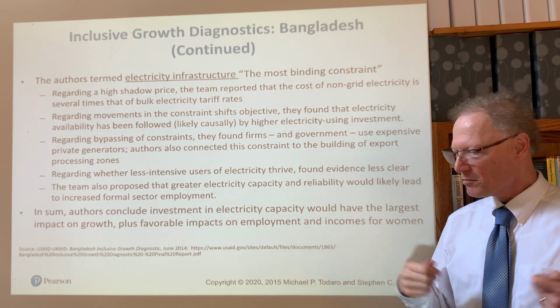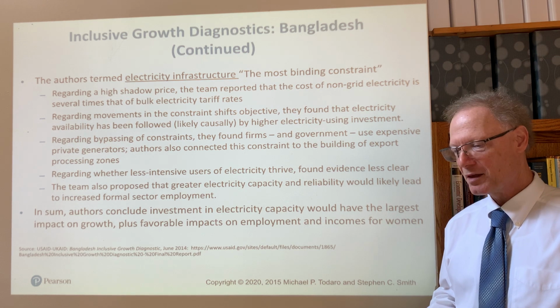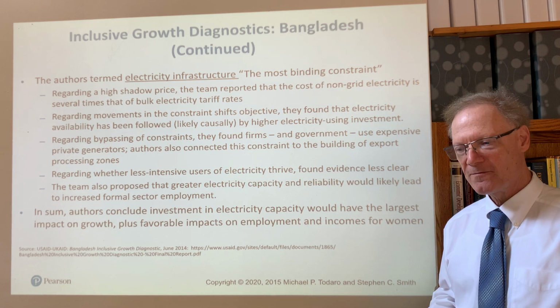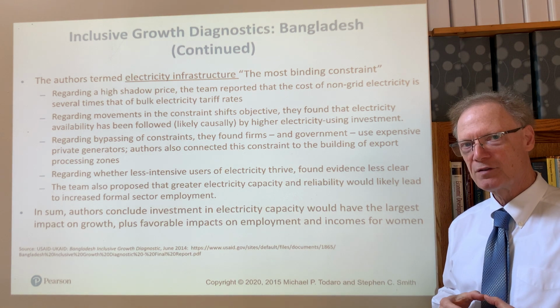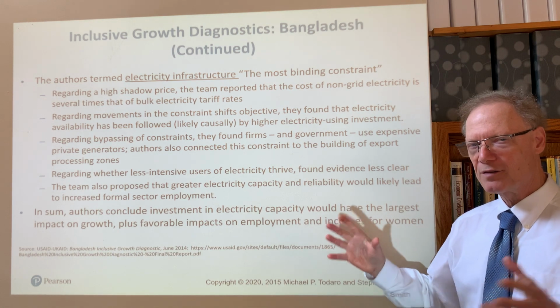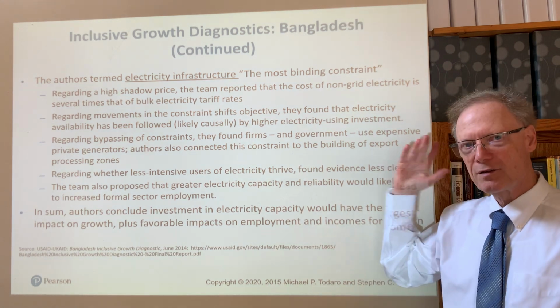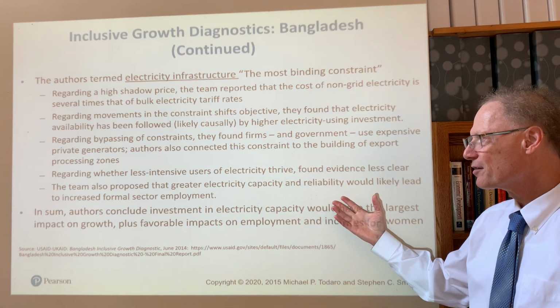And so the evidence was not so clear about whether less intensive users of electricity were thriving. And so, I like it most when presenters of studies like this, rather than try to find a story and then push the story, are also willing to say, well, the story's not quite enough here, we don't have the evidence, it's not so clear. And so one has to look at the preponderance, the strong preponderance of the evidence.